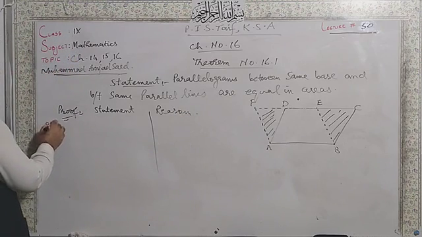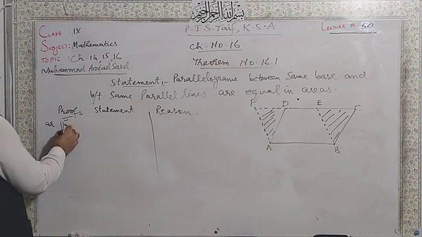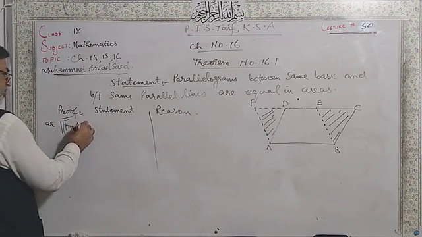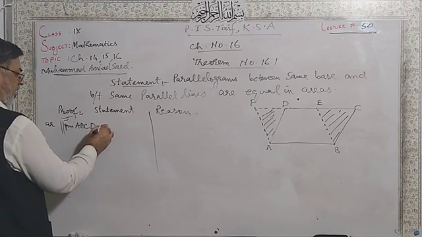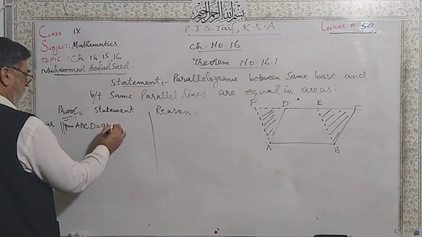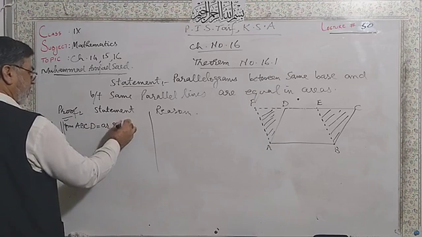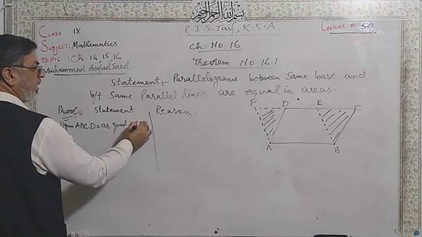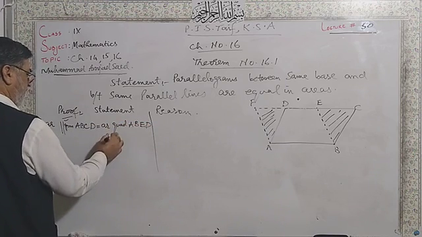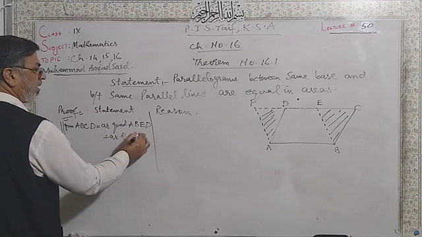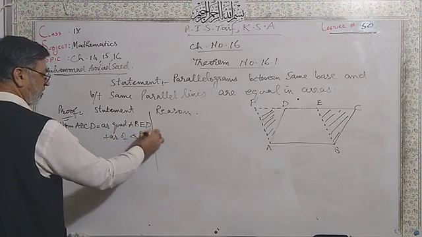Area of parallelogram ABCD is equal to area of quadrilateral ABED plus area of triangle EBC.